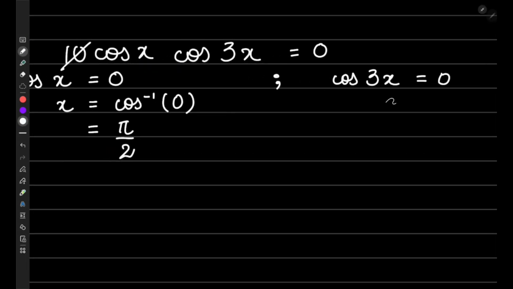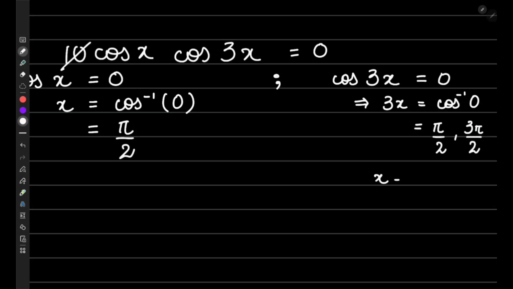Cos 3x equals 0. This implies 3x equals cos inverse of 0. Now we have to understand where cos is 0. Cos is 0 at pi over 2, 90 degrees, and 3 pi by 2, that is 270 degrees.